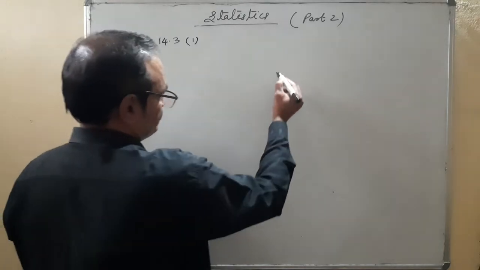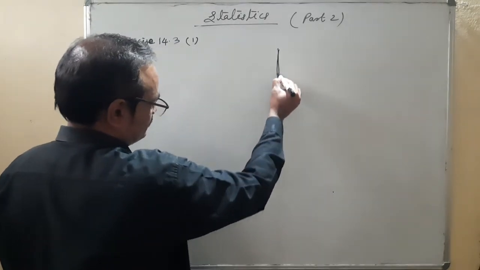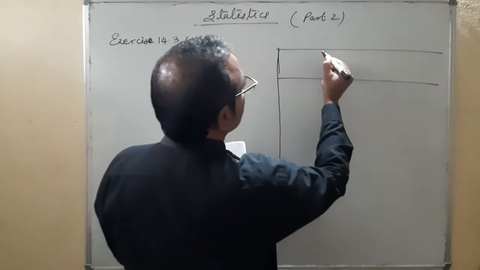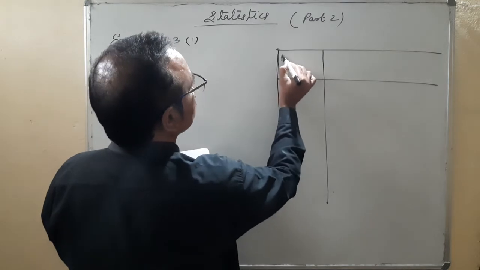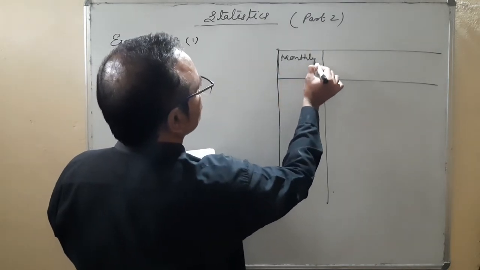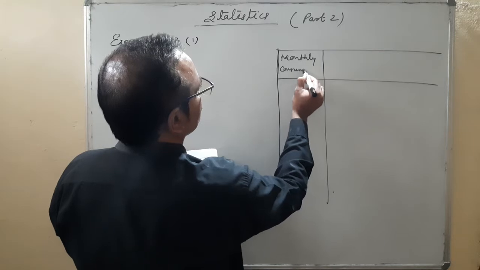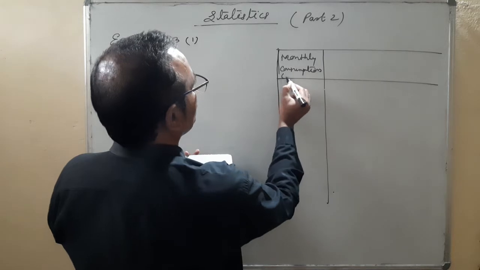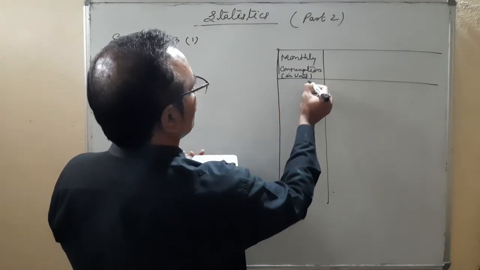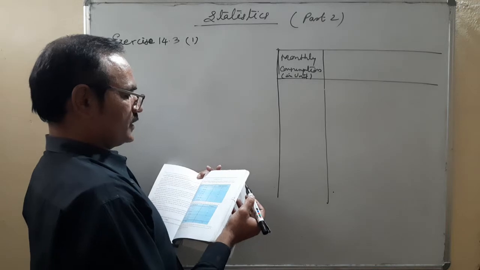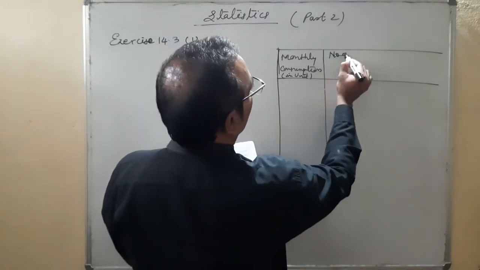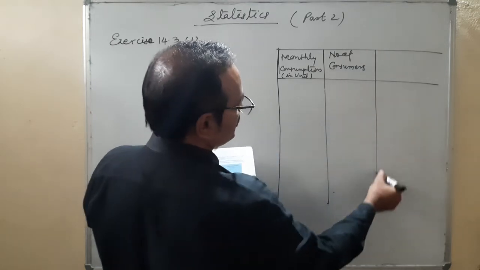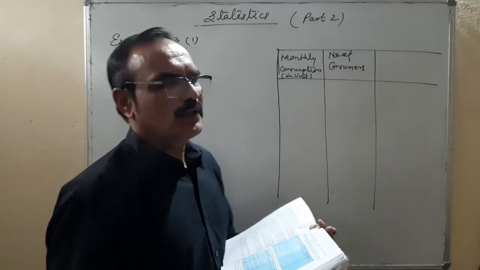Monthly consumption in units and number of consumers. They are asking to find mean, median, mode.